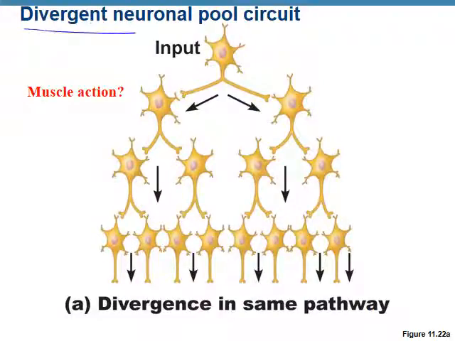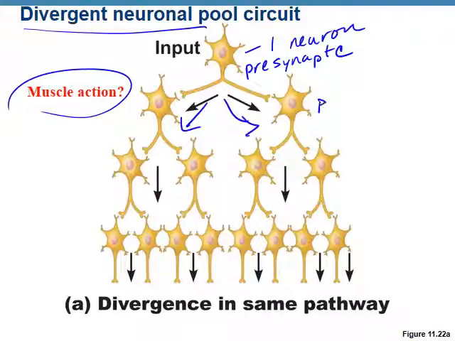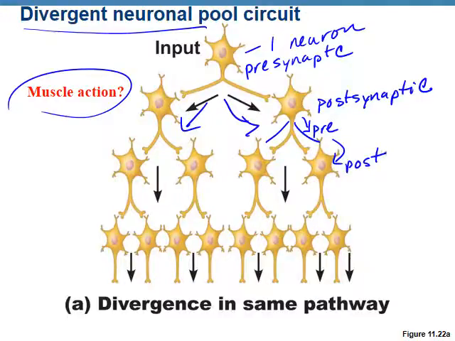Here's an example of a divergent neuronal pool. Think about muscle action. So here is one neuron, and we know this would be the presynaptic neuron, right? And it tells these 2 neurons, which are the postsynaptic. These postsynaptic then tell 2 more neurons, so now this one becomes the pre, and these guys become the post.